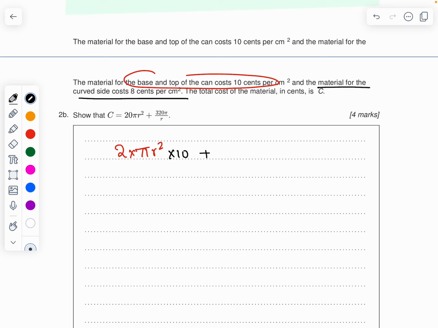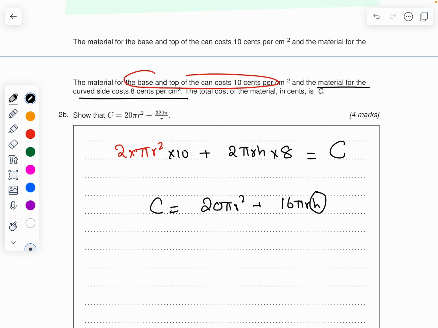The curved surface area of a cylinder is 2 pi r h, and there is only one curved surface area and its cost is 8. That is the total cost c. So c equals 20 pi r square plus 16 pi r h.